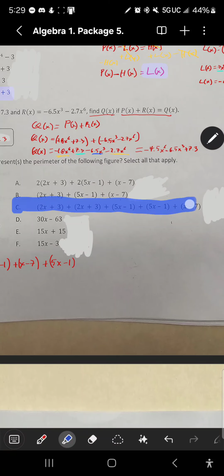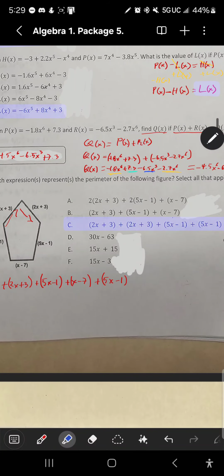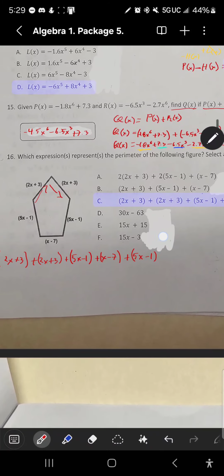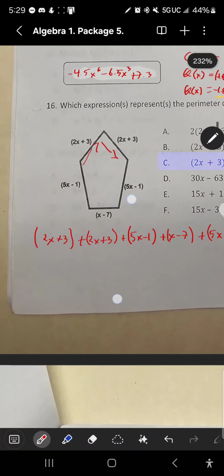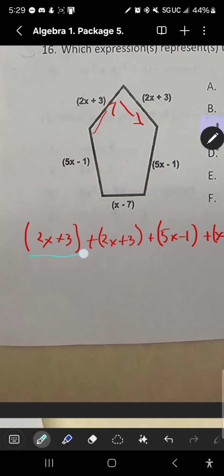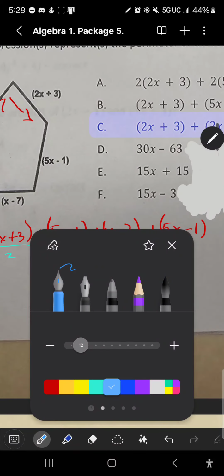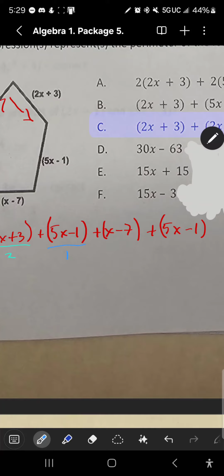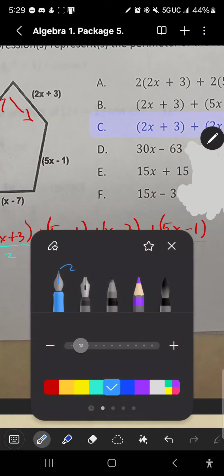See? Now let's take a look at the others one by one. Here I see 2 in the front, and why is that? As you can see here, we have 1 and 2, and here we have 1, 2.